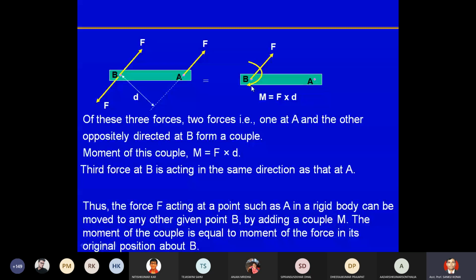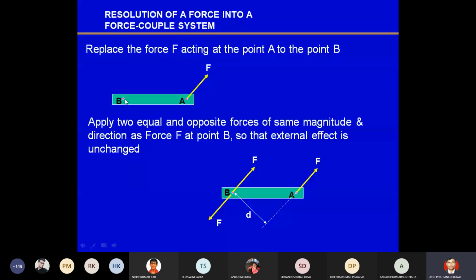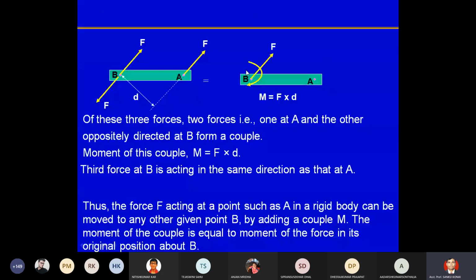We can take that force here, but an additional moment is coming. So initially there was a force at A, now there is the same force at B, but from A to B an additional moment of F into D is coming.